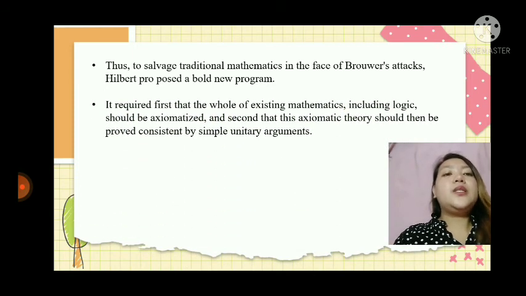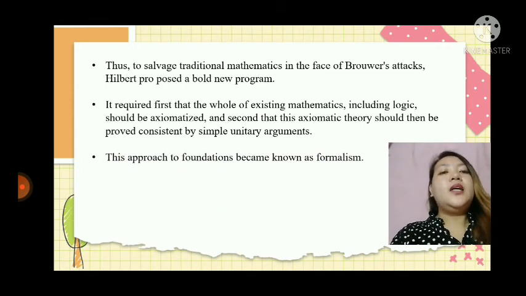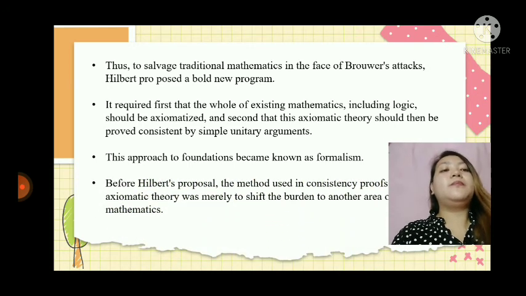It requires first that the whole of existing mathematics, including logic, should be axiomatized, and second, that this axiomatic theory should then be proved consistent by simple finitary arguments. This approach to foundations became known as formalism.